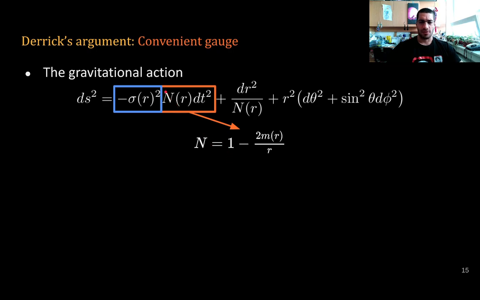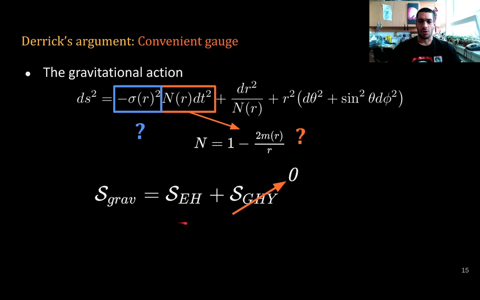In this case, for the N function, let us consider the parameterization that uses the Misner-Sharp mass function, which is again an unknown. The gravitational action will be the same as before. However, for this case, if you compute the previous Gibbons-Hawking-York term, you will see that it is equal to 0.